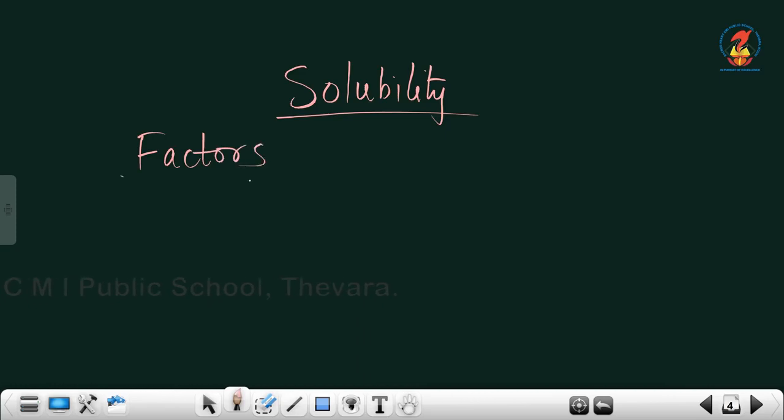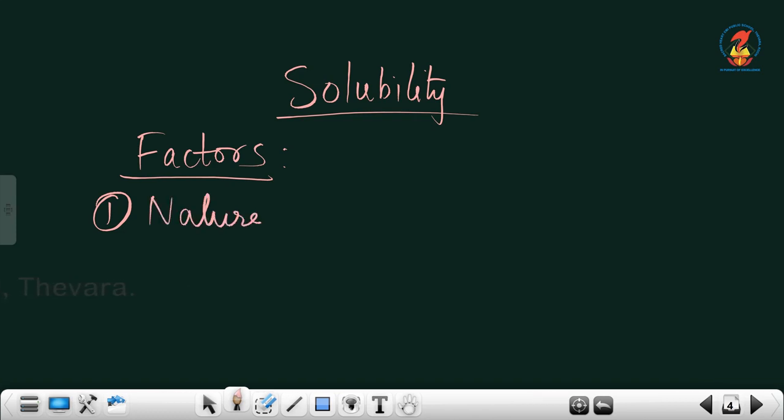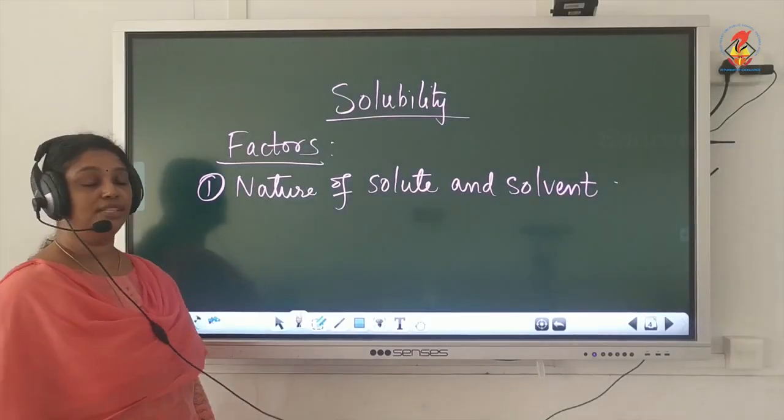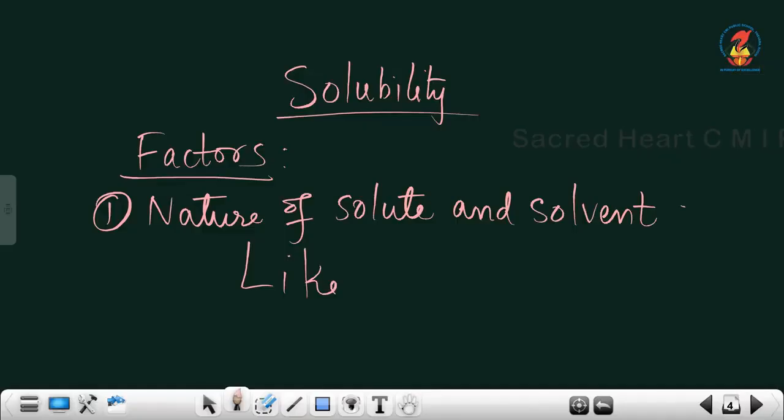So, factors affecting solubility of solid in liquid. One is nature of solute and solvent. Here we use the principle like dissolves like.